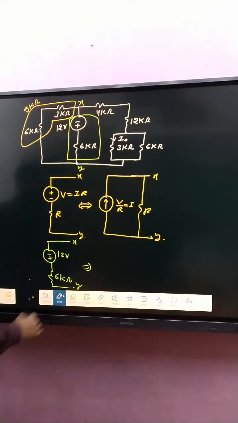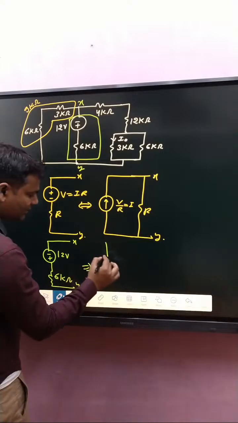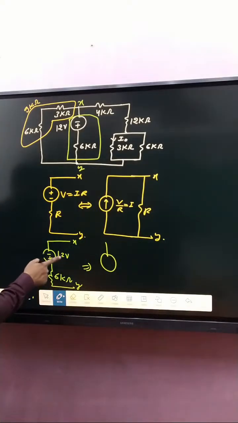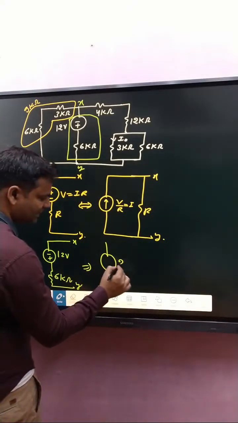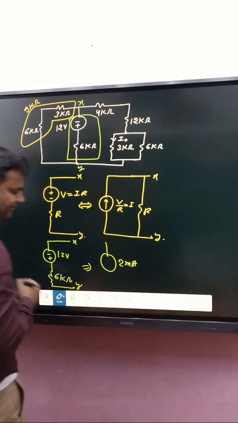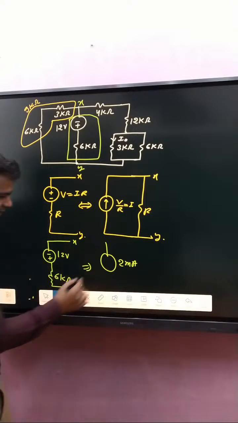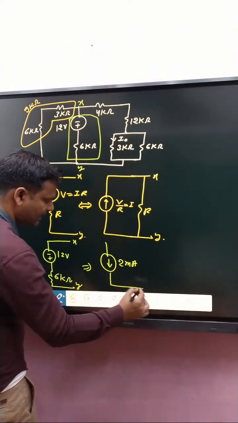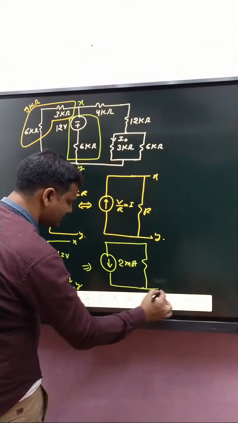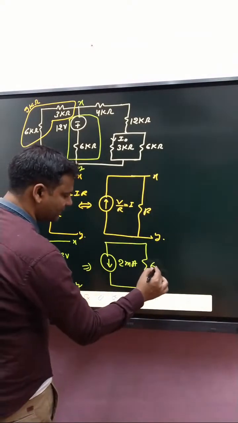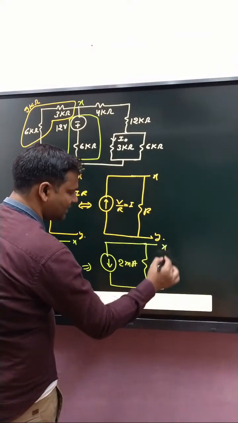First, current is 12 divided by 6, that is 2 milliampere. The direction is decided by polarity, here positive, here negative. Lower plate positive, upper plate negative, so the current direction is downward. After that, the resistance is simply 6 kilo ohm connected in parallel, corresponding to the XY terminal.